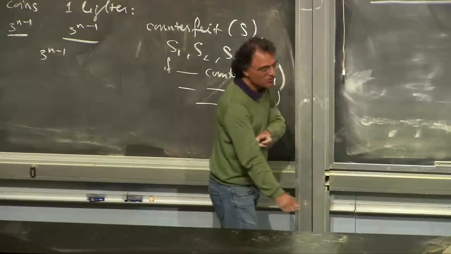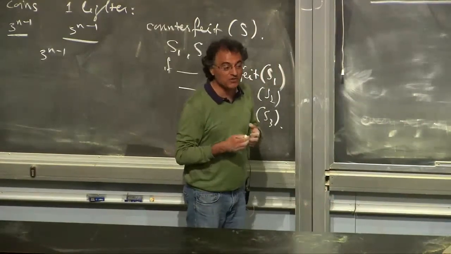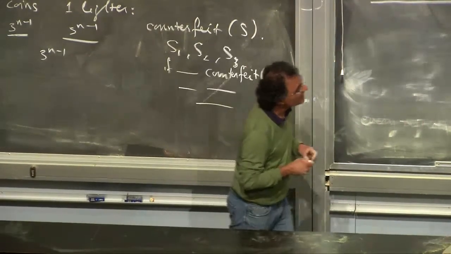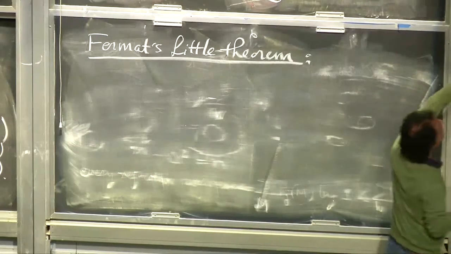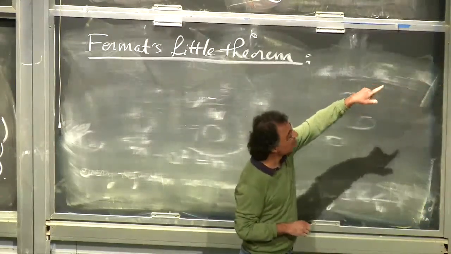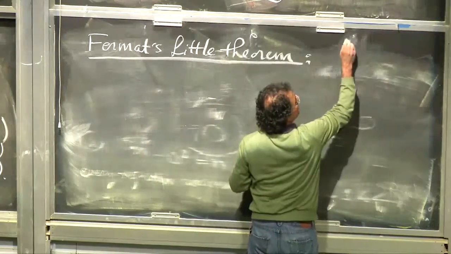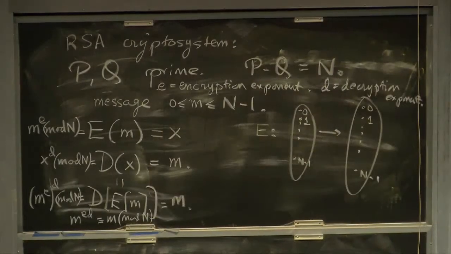Okay, so what it says is, suppose you're working modulo a prime. Okay, sorry, can you see up here? So remember the reason RSA worked, let me write that down in this corner here so you can compare it to Fermat's little theorem.